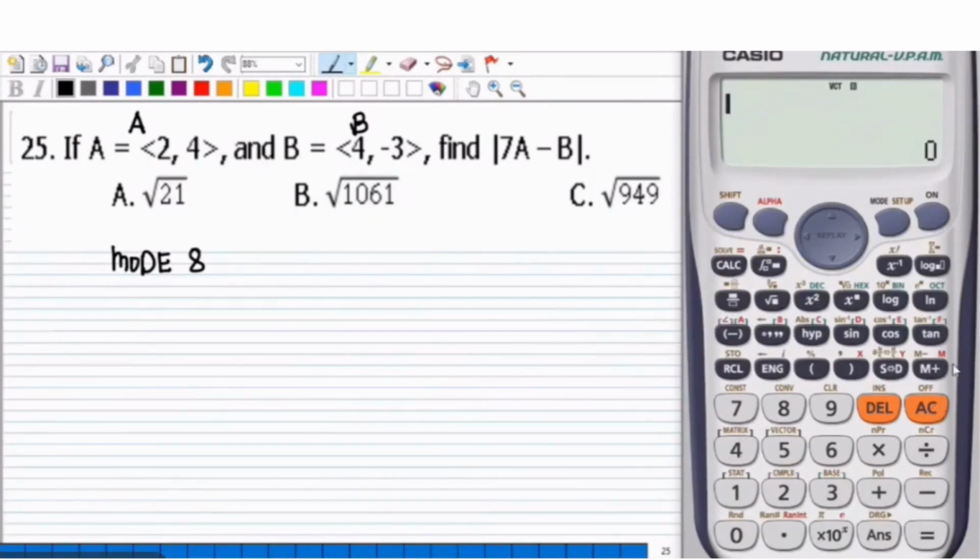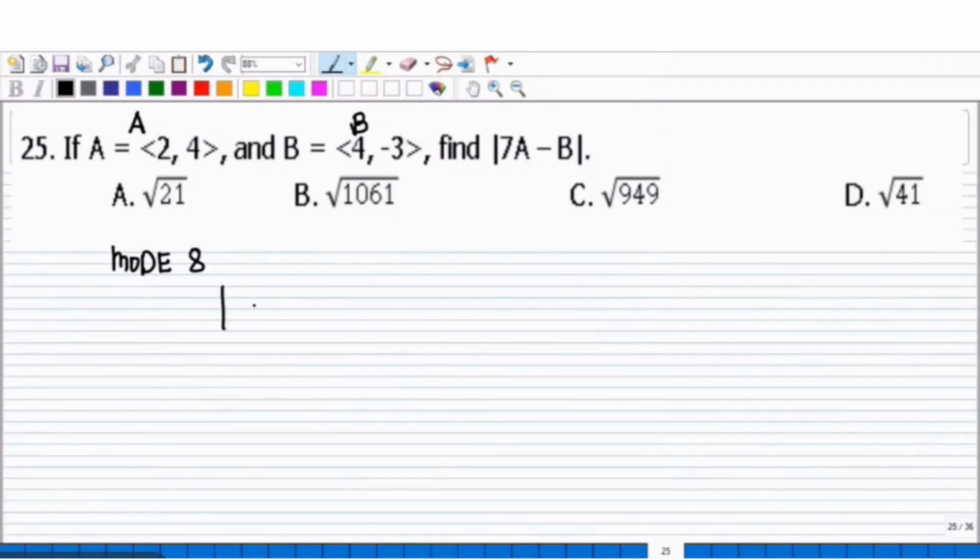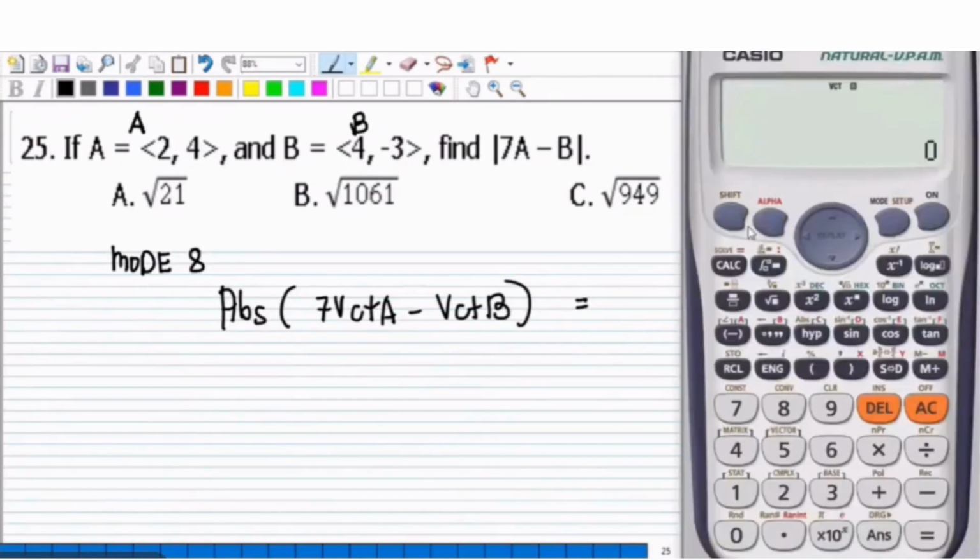Okay, press natin AC. Then, i-type lang natin po absolute value of 7 vector A minus vector B. Then, makukuha na natin yung sagot. So shift hyp, which is your absolute value. So shift vector, okay, vector A. So this is multiplied by 7. Okay, lagyan ko na 7 sa harap.